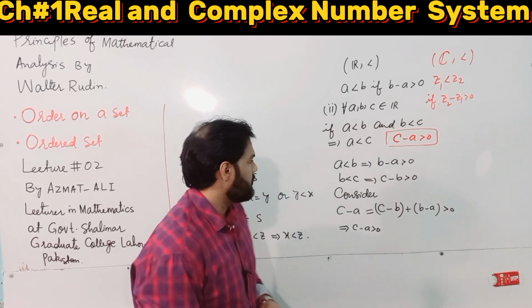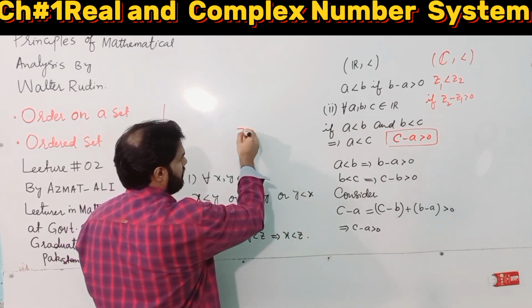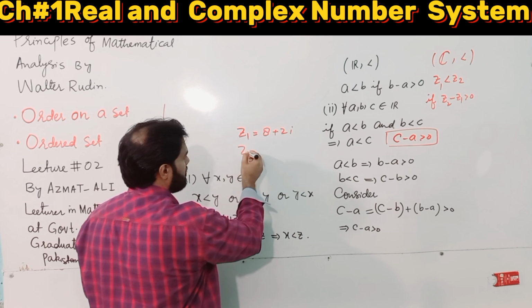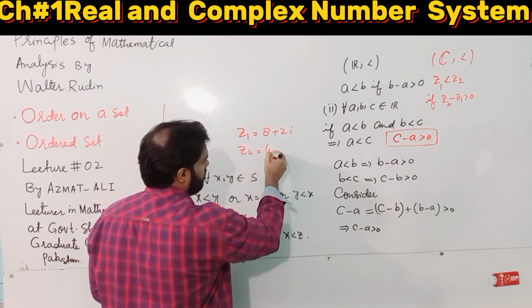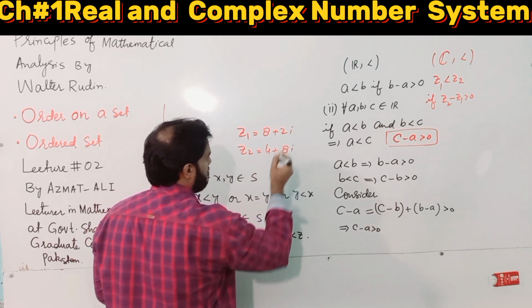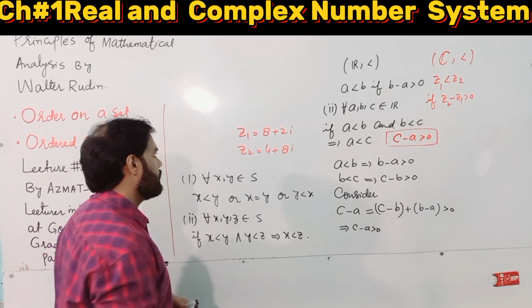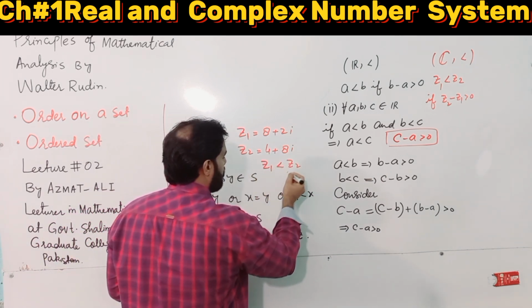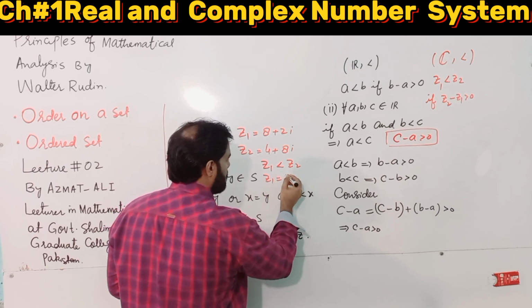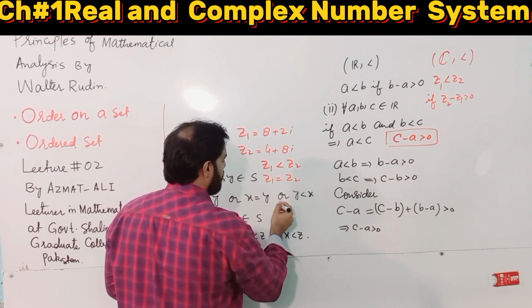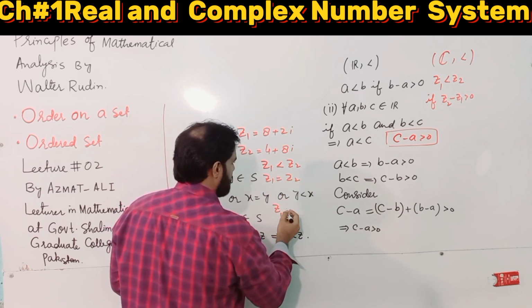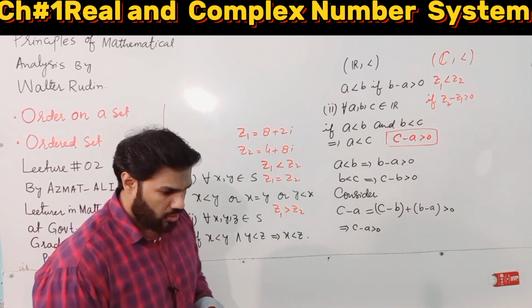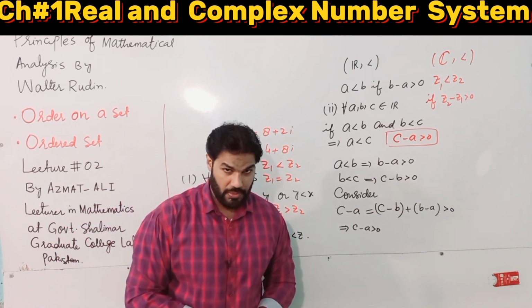We cannot say, for example, if the first complex number is 8 plus 2i and the second complex number is 4 plus 8i, can we say that Z1 is less than Z2? Or that two complex numbers are equal, or that Z1 is greater than Z2? There is no tool to compare any two complex numbers.